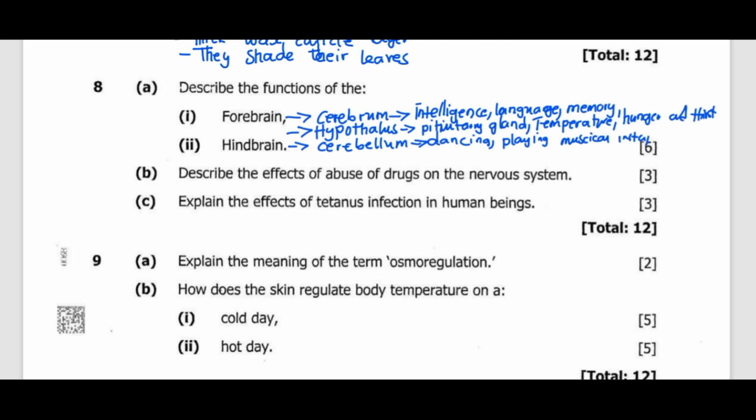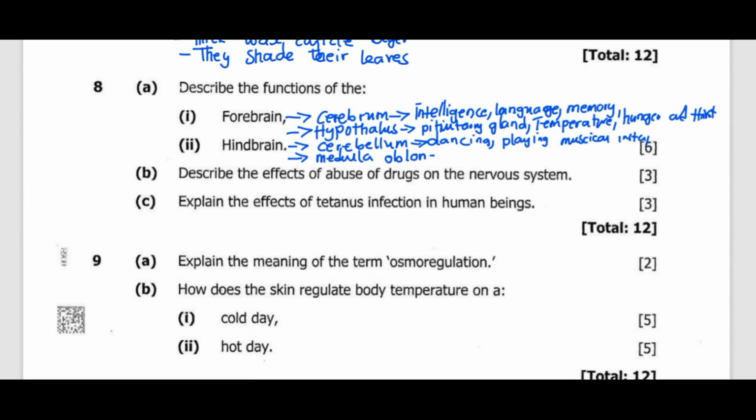Then apart from this, activities like jumping, so any activity that requires balance is controlled by cerebellum, and cerebellum is found under hindbrain. Then the other structure that is found in hindbrain is medulla oblongata.